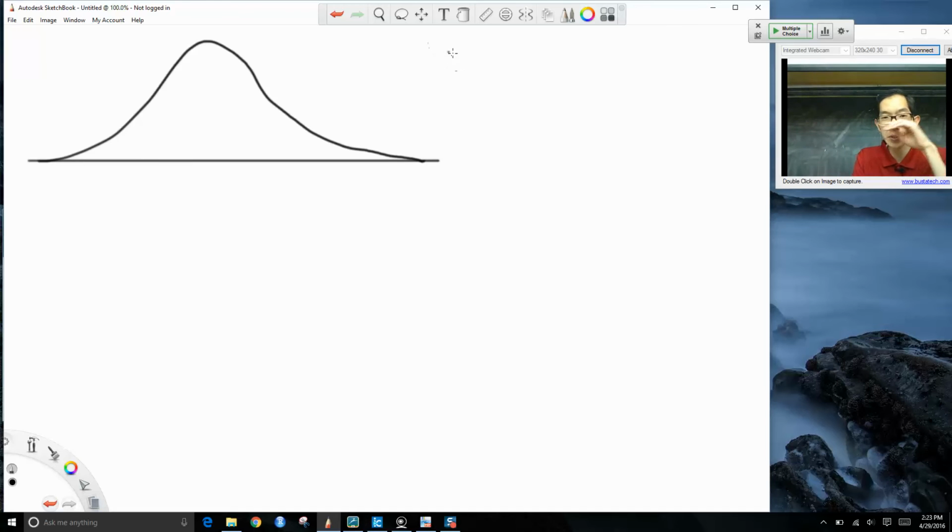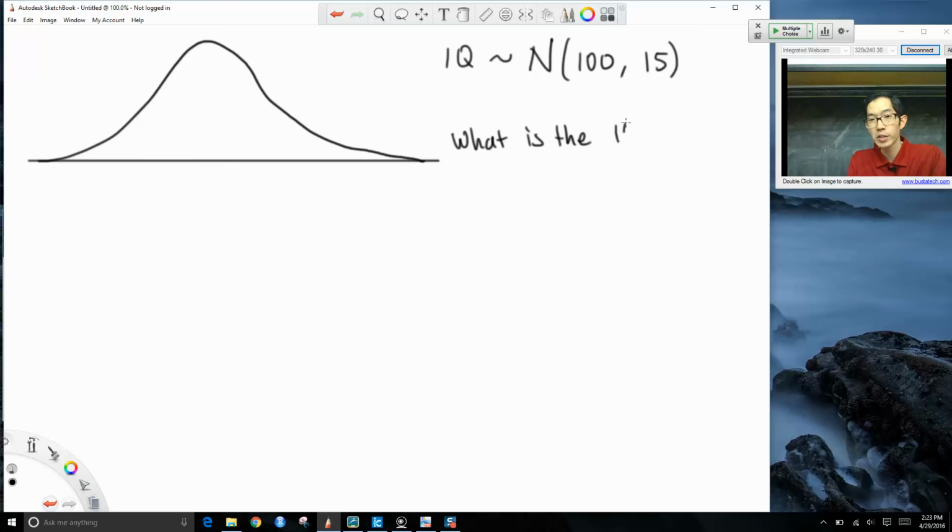All right, so we'll say IQ scores come from a normal distribution with a mean of 100 and a standard deviation of 15. Okay, and we'll say, what is the IQ of someone in the 90th percentile?